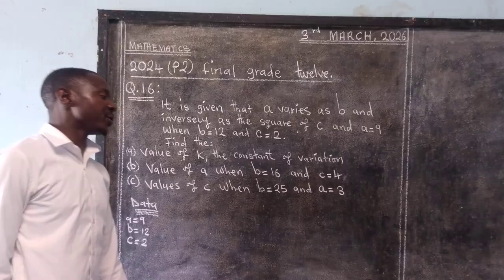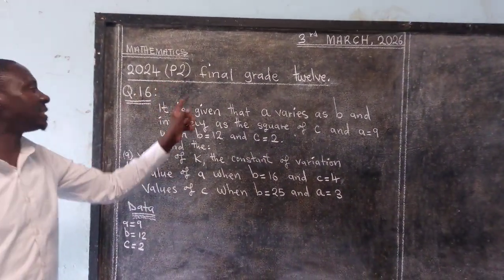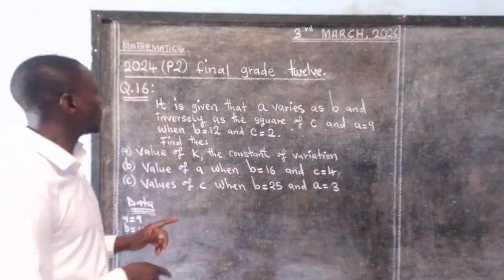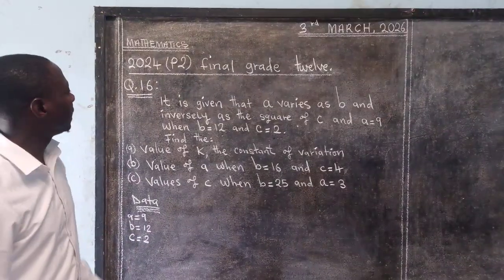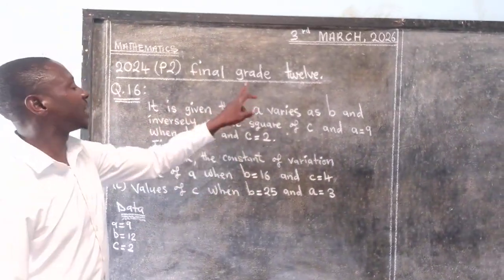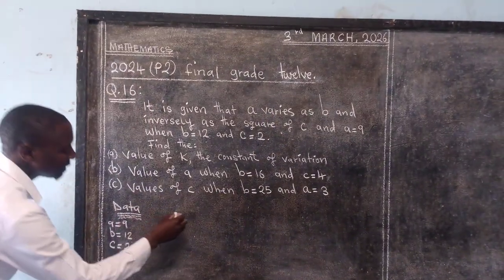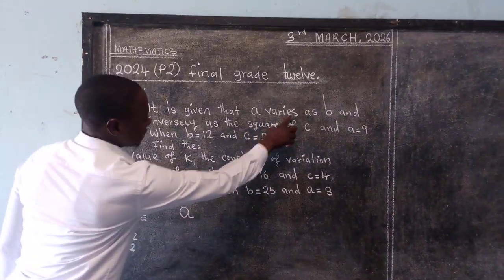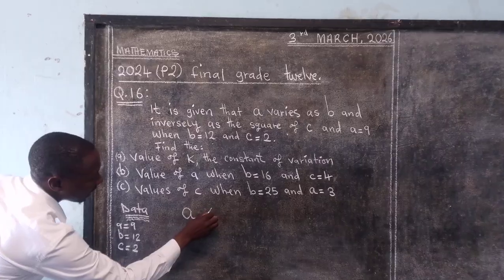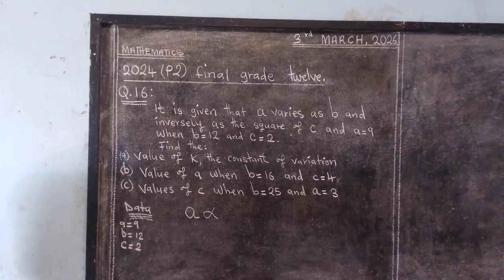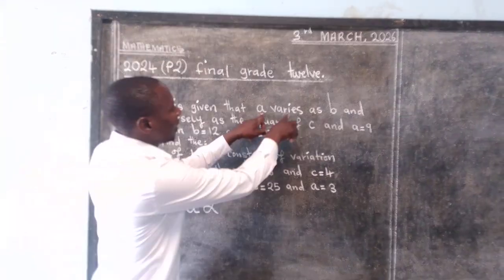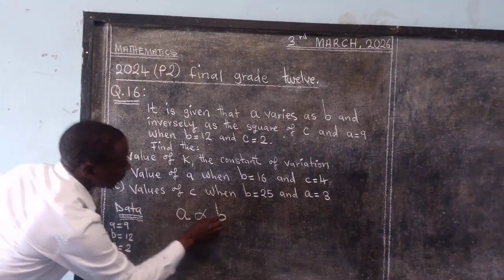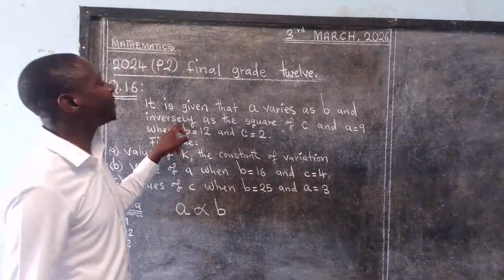Then let's make the formula. You cannot solve this type of equation without using the formula. And the formula will be quoted from the statement. It is given that A varies. The symbol for varies is this one. A varies as in B. And inversely.